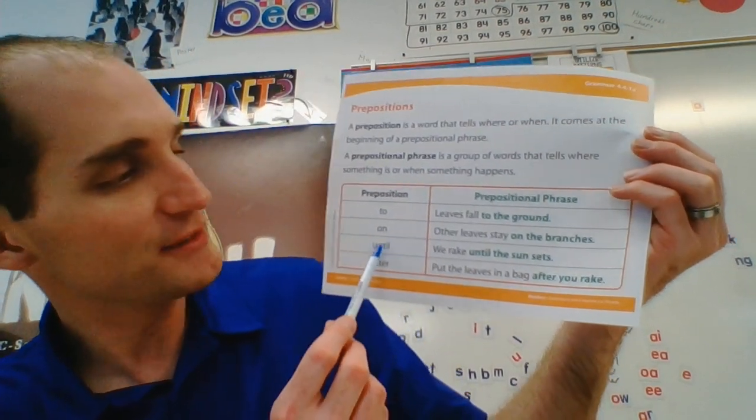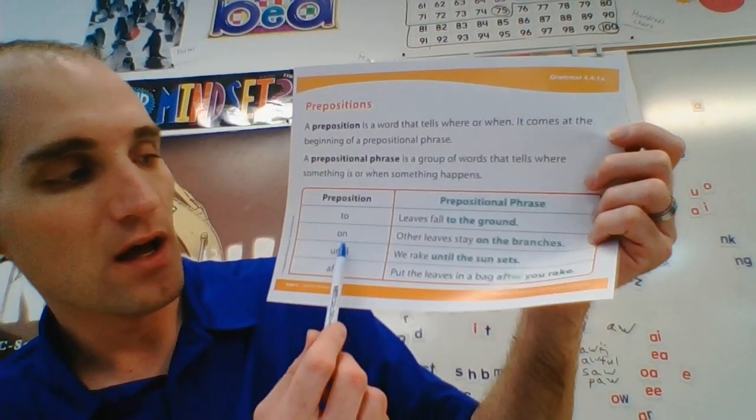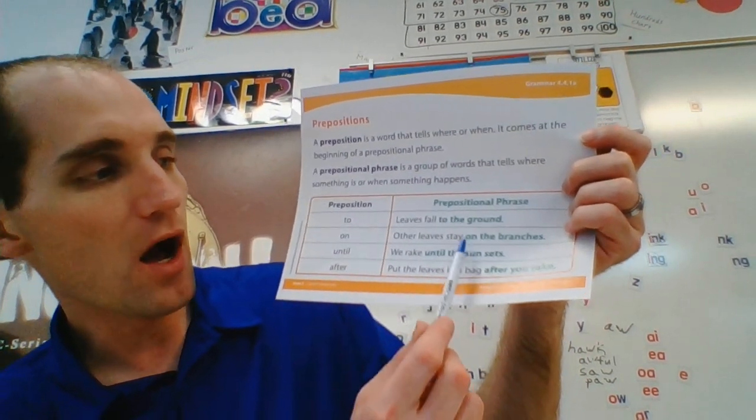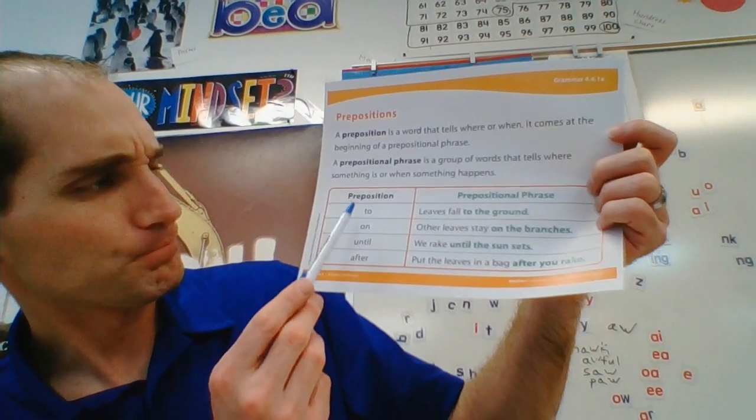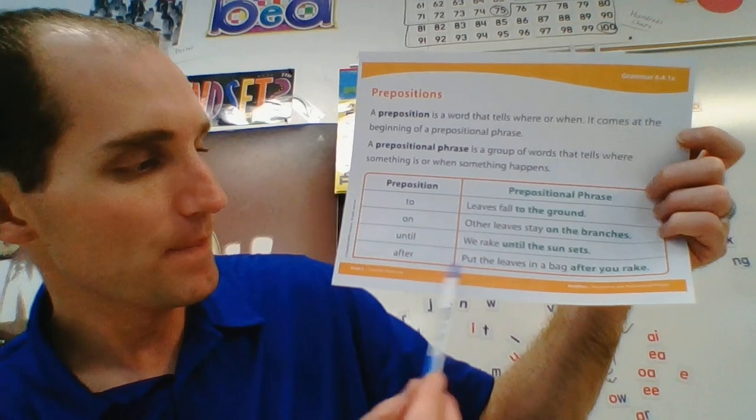Another example is on. Other leaves stay on the branches. On is the preposition. On the branches is the prepositional phrase. Until. We rake until the sun sets. Until is the preposition. Until the sun sets is the prepositional phrase.